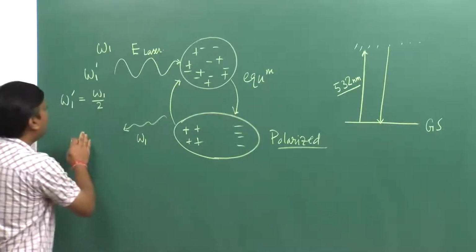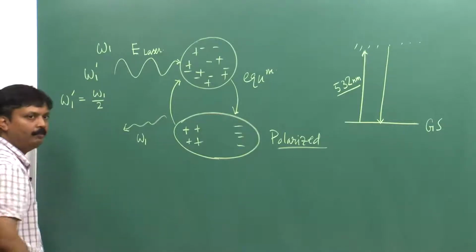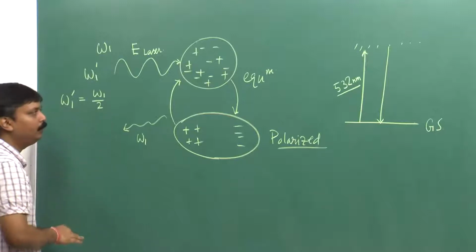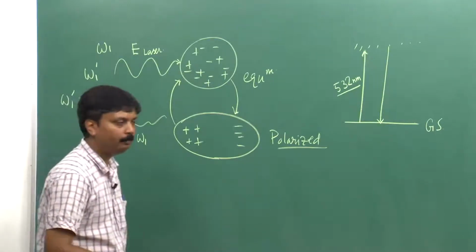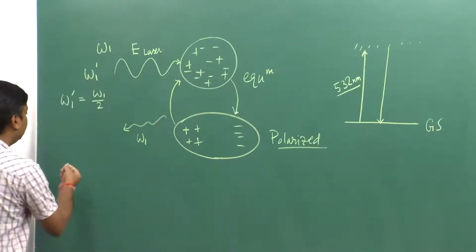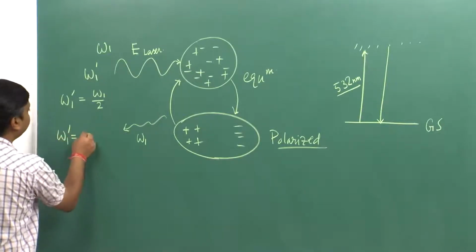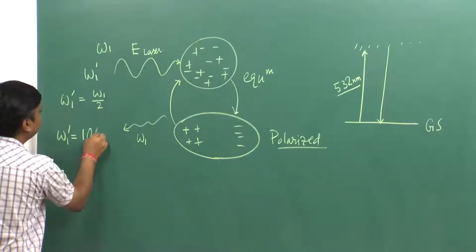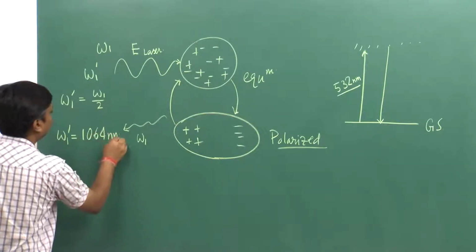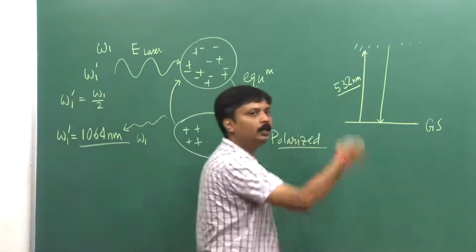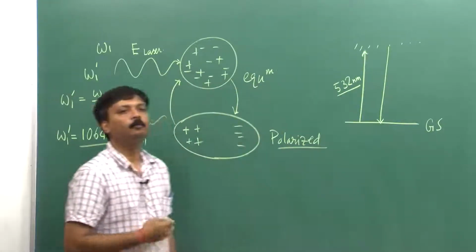Now, if I have another wavelength which has half of the frequency, that means twice the wavelength, so essentially omega 1 prime is 1064 nanometer. That is very easy to calculate if you know the conversion of frequency and wavelength.